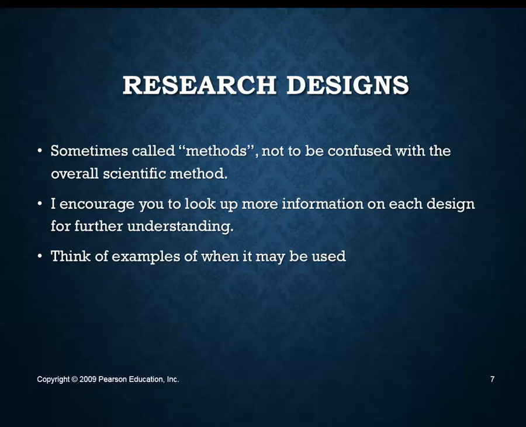What I hope for you to see is that different questions are going to lead to those different designs. And then what we know, because of the limitations of each design, will limit what we can interpret or the conclusions we can draw from the data that we collect. For example, a survey may tell us about the attitudes of a group of participants in a point of time about a topic, let's say in political science, but it doesn't tell us why they feel that way.